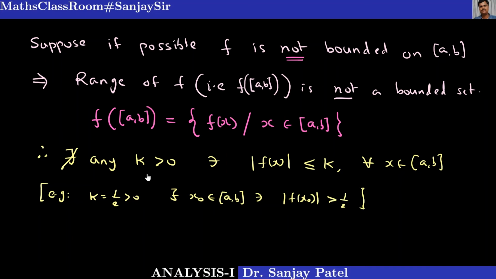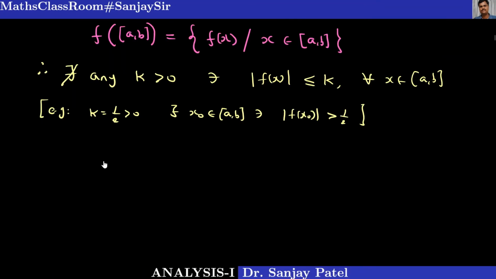So this is always possible for any given positive real number. So if you take k equal to 1, 1 by 2, 1 by 3, anything, in general, what I want to write here in a special way is: if we take k any positive real number, say k equal to 1 upon n greater than 0, where n is any natural number.